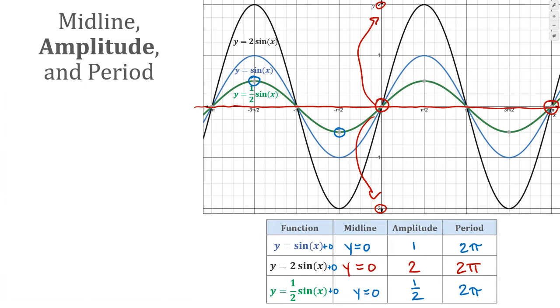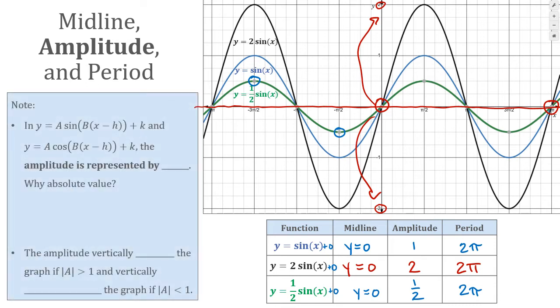So let's analyze this. So in y equals a times the sine or cosine of the quantity b times the quantity x minus h, all plus k, the amplitude is represented by, well, what do we want to say here?